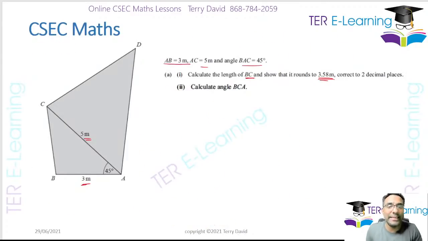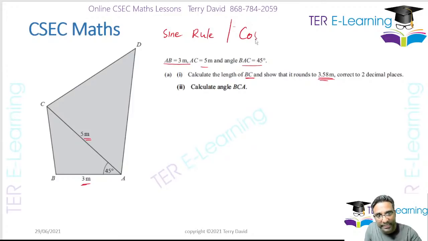Now, let's see. So we have something called the sine rule. I also have a video on this. You can check that out. You have the sine rule and you have the cosine rule, right? Now, I use the cosine rule if they gave me all 3 sides and no angles. That's one scenario.